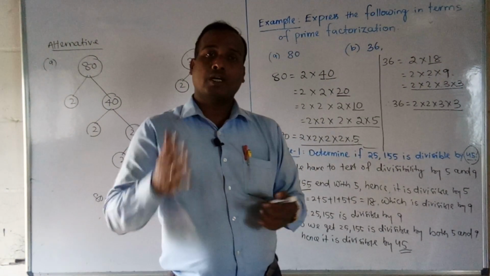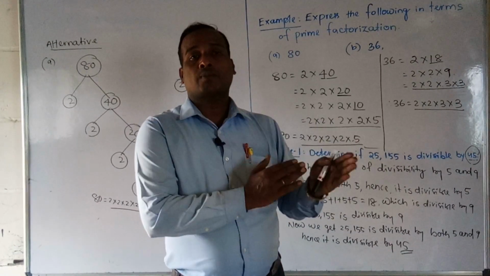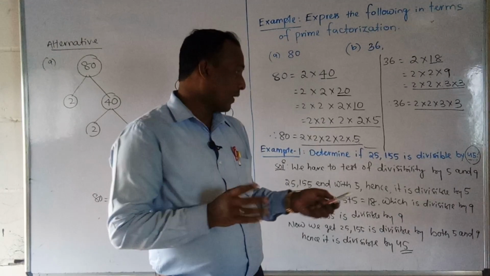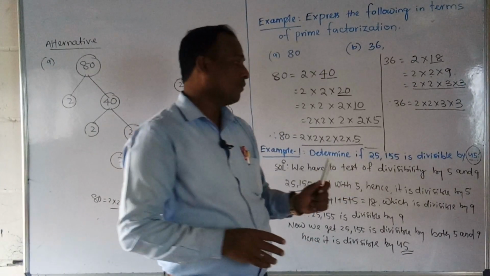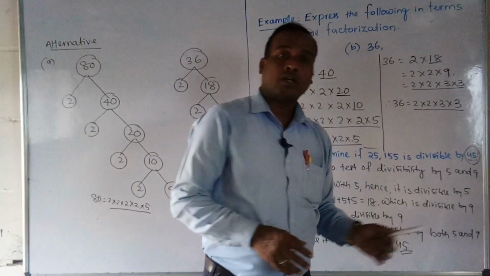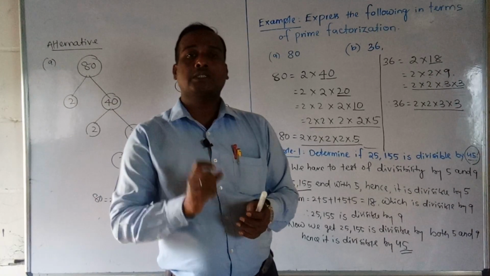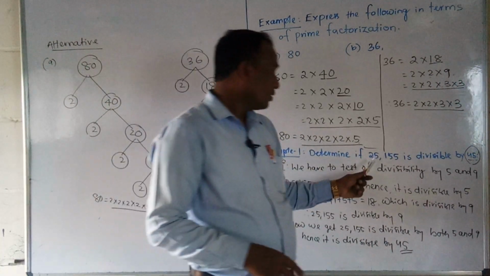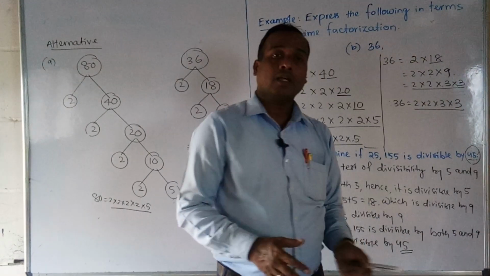First of all we checked whether that number is divisible by 5 or not. Yes, it is divisible by 5 because it ends with 5. Is this number divisible by 9 or not? Yes, because the sum of the digits is 18, and 18 is divisible by 9. So this number is divisible by 9.